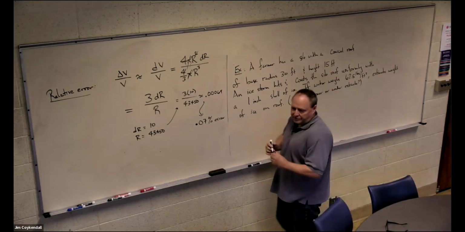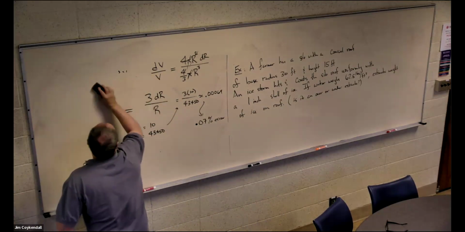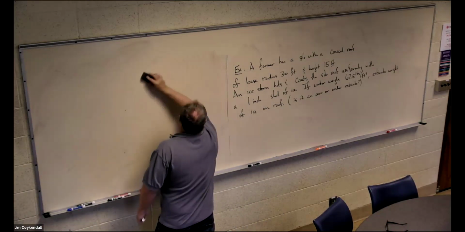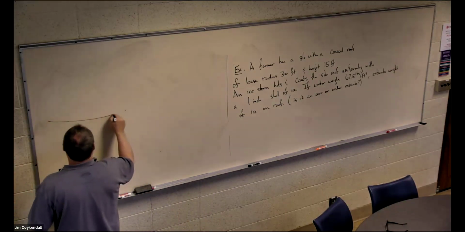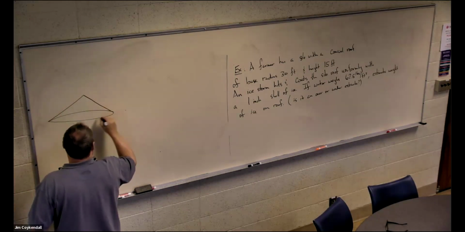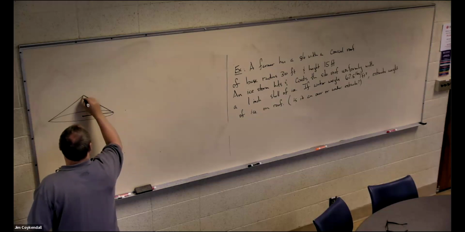So here's the deal. You've got this farmer, and he's got a 30-foot diameter silo, and he's got this conical roof on it. The silo is 30 this way, 15.